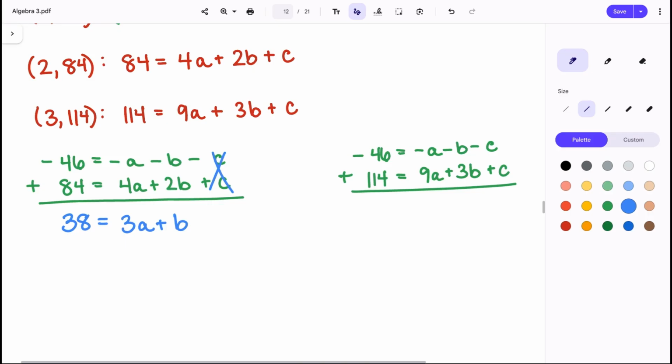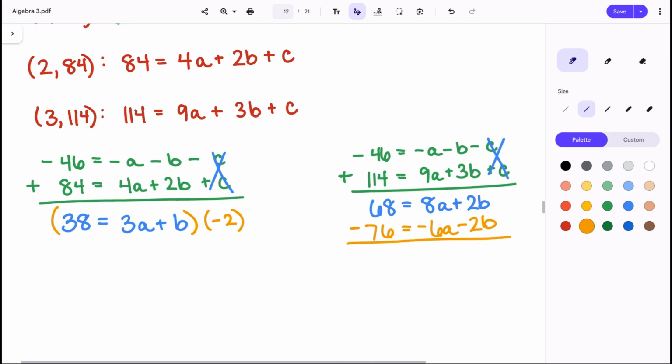Okay, how about on the other side here? 68 equals what? Good. Okay, what would you guys like to do next? Okay, so that would now say negative 76 equals negative 6a minus 2b.